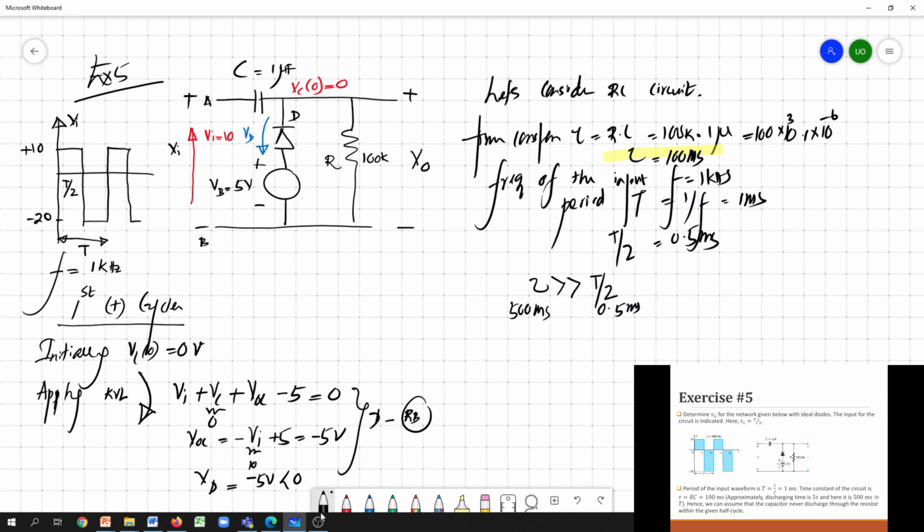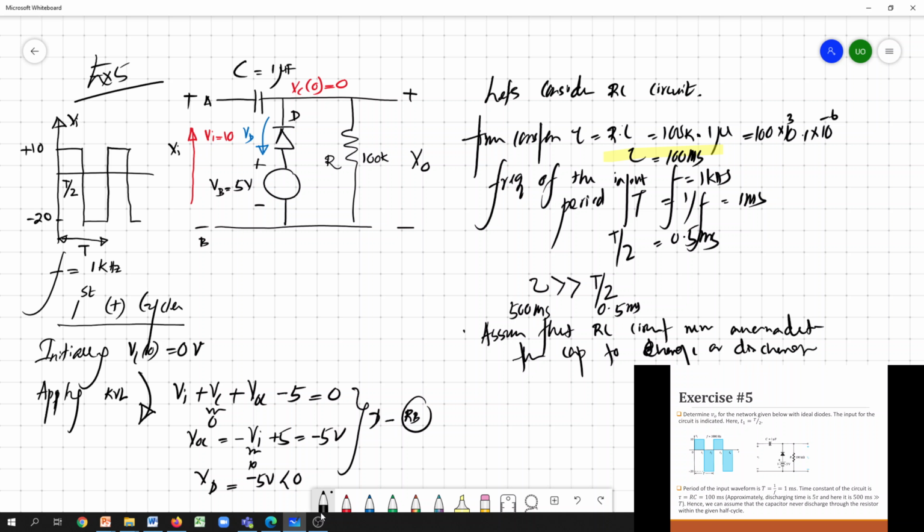So with this time constant value and the frequency of the input signal, we can assume that this RC circuit never allows the capacitor to charge or discharge.